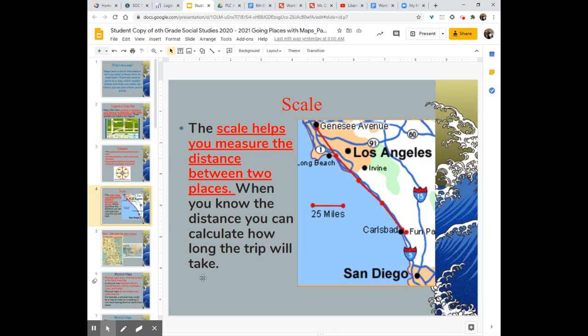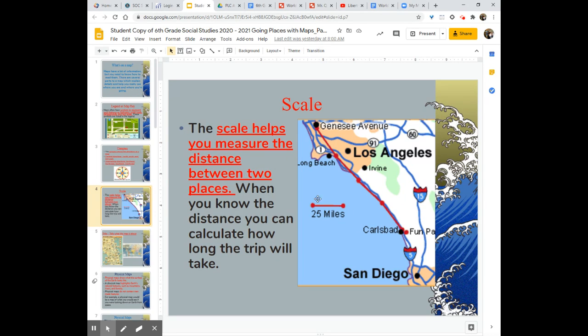Next, probably the most important thing that you can find on a map is the scale. If you look at this map that's here on the screen, you can see that from Genesee Avenue in LA all the way down to Carlsbad, California, seems to be about 2 or 3 inches. Well, naturally, we know that Los Angeles and Carlsbad are not 2 inches apart. They're miles and miles apart. And that's what makes scale so important, so that you can determine exactly how far the distance really is.